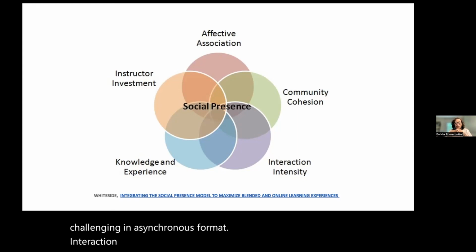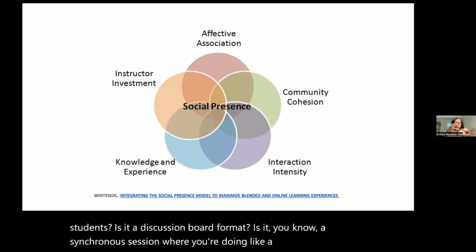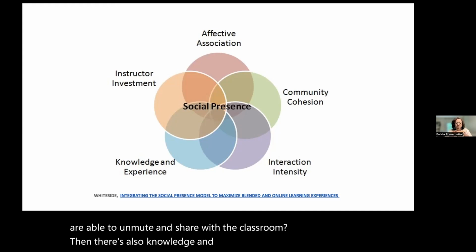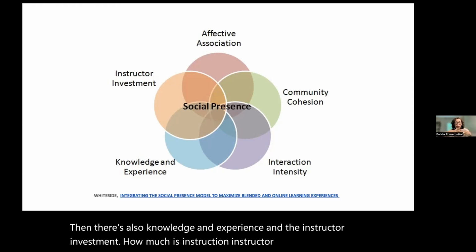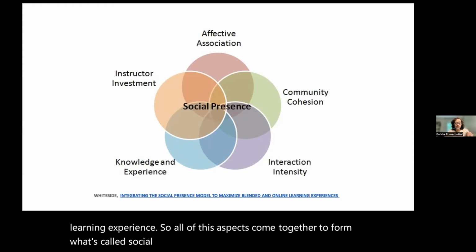Interaction intensity, so how much are you interacting with your students? Is it a discussion board format? Is it a synchronous session where you're doing a Jamboard, or students are able to unmute and share with the classroom? Then there's also knowledge and experience and the instructor investment. How much is the instructor giving back to the learning experience? So all of these aspects come together to form what's called social presence.